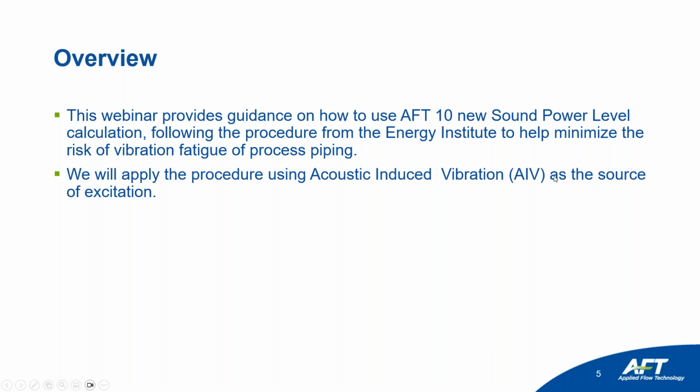We will apply the procedure using acoustic induced vibration, AIV, as the source of excitation. Energy Institute covers three forms of source of excitation: FIV, flow induced vibration; FIP, flow induced pulsation; and AIV, acoustic induced vibration. As I said, in this webinar, we'll be covering AIV, acoustic induced vibration.